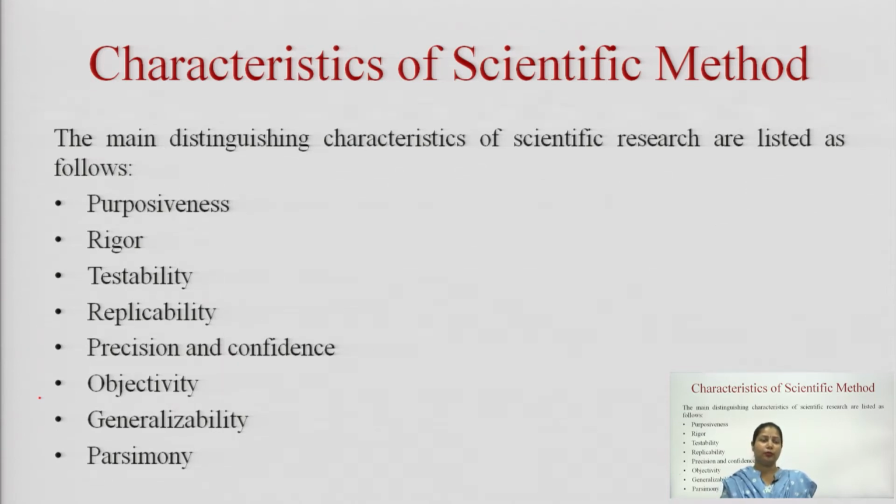Whatever result we derive should be objective, in alignment with what we initially started with. Our research should not deviate from the initial objectives, and the results we find should be purely based on the data.